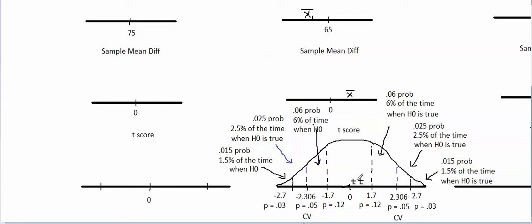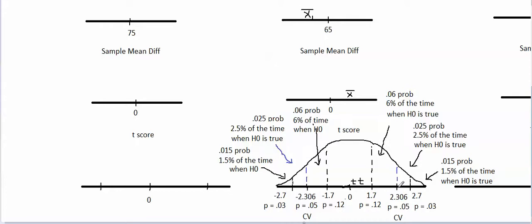So this new t-score of 0.5 or 0.58, I think, is also below the critical value, which means that the p-value has to be above 0.05, because when you go from 0 further away from 0, the p-value is getting lower and lower.